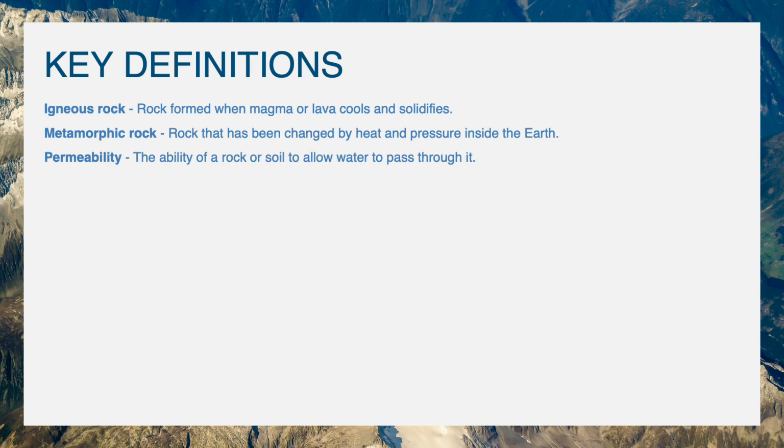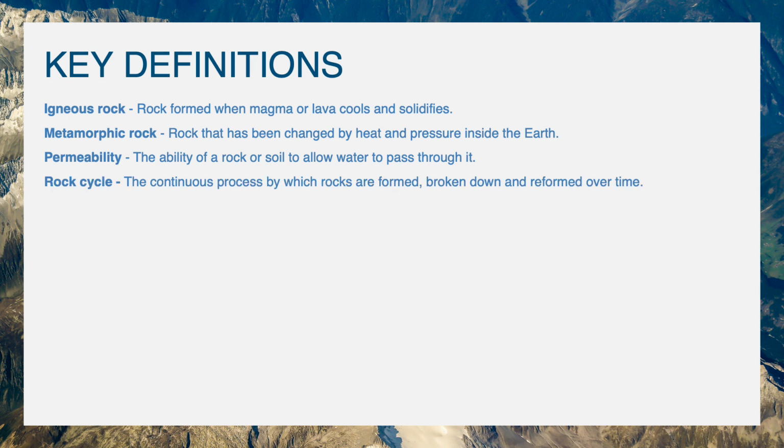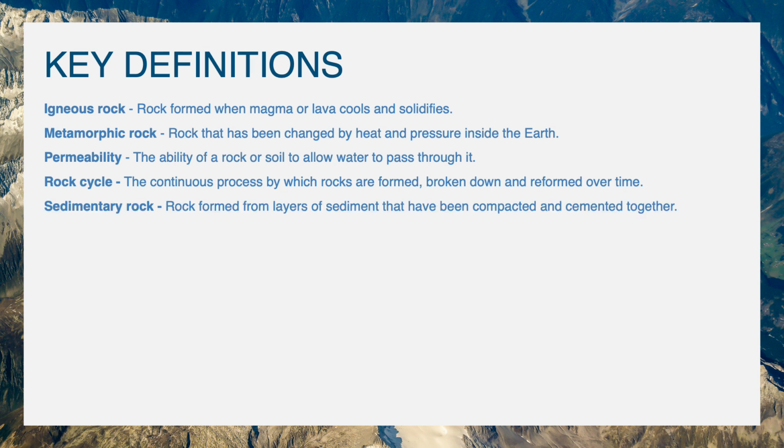Permeability is the ability of water to pass through pore spaces in rock or soil. The rock cycle is the continuous process by which rocks are formed, broken down, changed, and reformed over time. Sedimentary rock is rock formed from layers of sediment that has been compacted and cemented together.